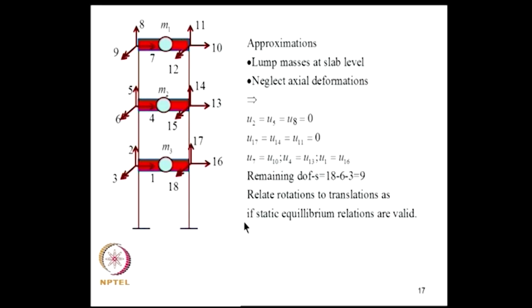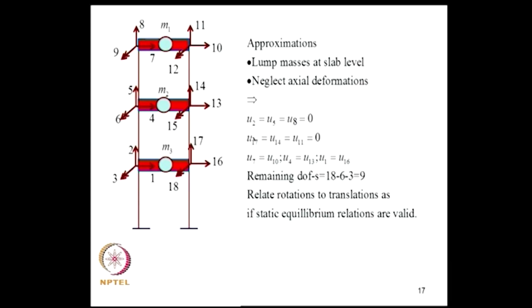Now, the same logic we can extend to, say, a 3-story frame. So, there are 3 slabs, I lump the mass of the slabs and some of the column mass at these places, and the 3 degrees of freedom that I wish to retain are the translations, that is U16, U13 and U10. So, the idealization that we are adopting is lump masses at slab level, neglect axial deformation.